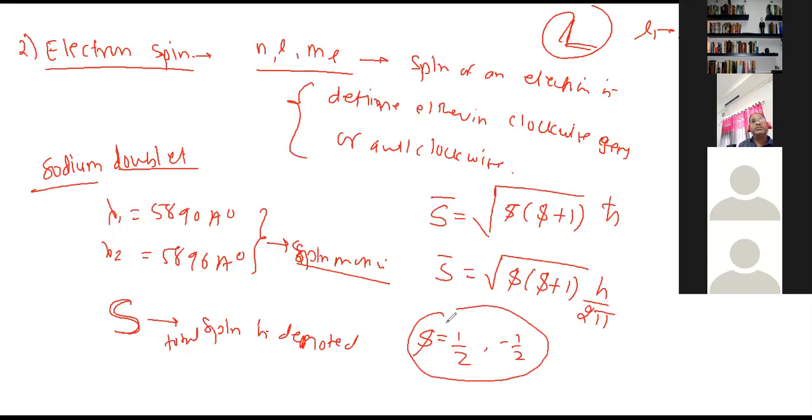If you go for the spin plus half, you say that the spin is in which direction? Up. Is it right? Because we have seen two formulas, S bar is equal to square root of s into s plus 1 H upon 2 pi.